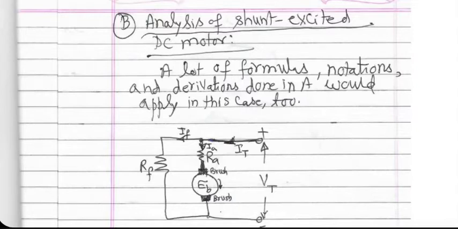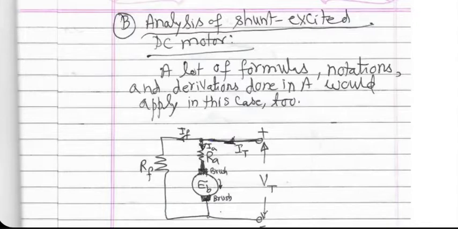It is obvious that RF into IF will give you VT. That's one equation. Also, VT minus IA RA will give you EB. That's the second equation. And IT equals IA plus IF.